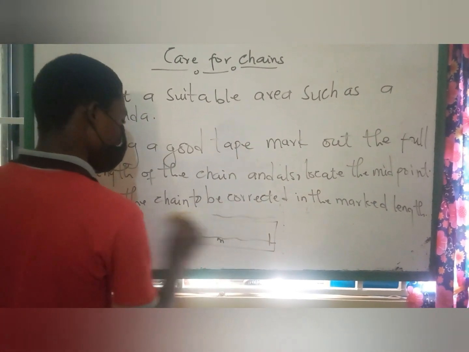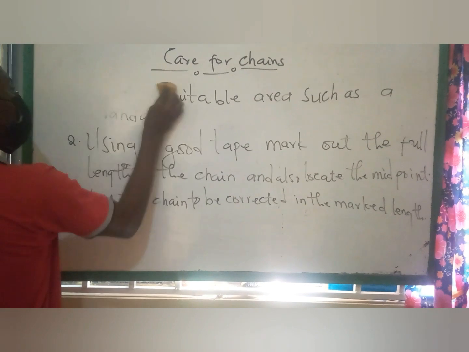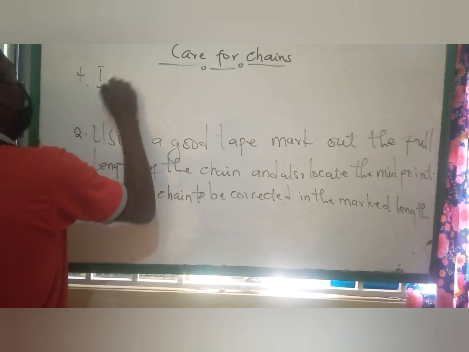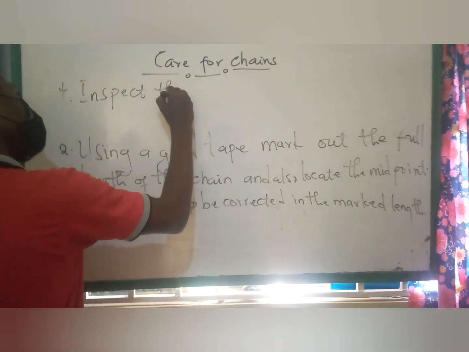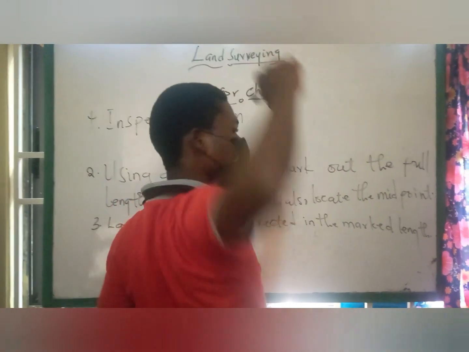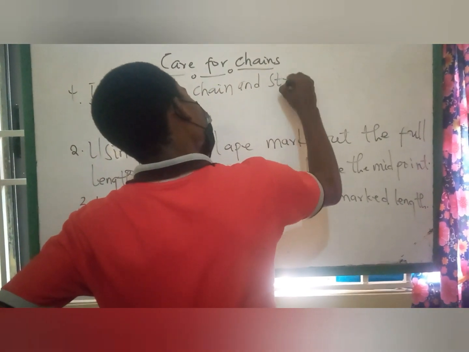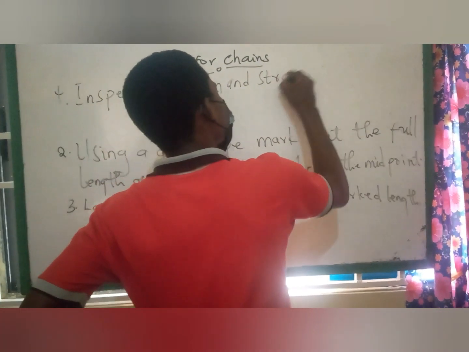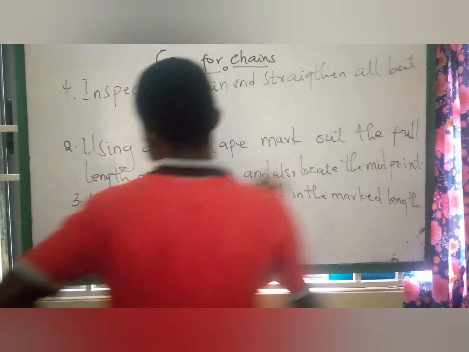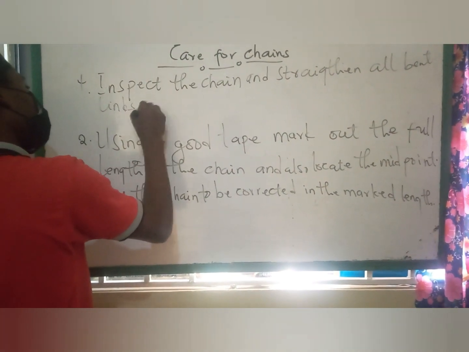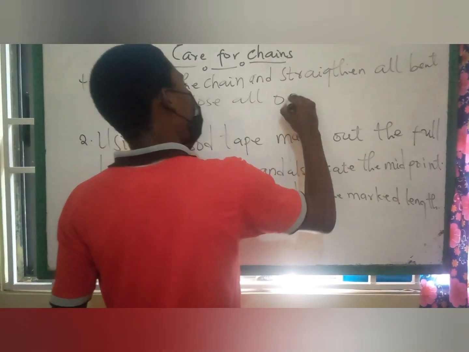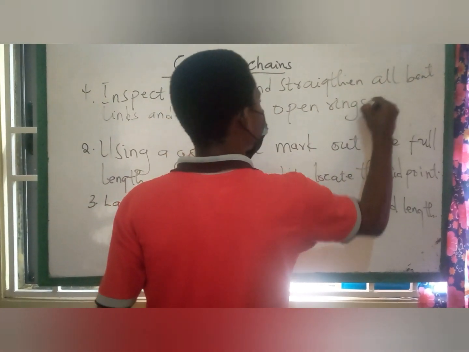So the next thing is inspect. So 4. Inspect the chain and straighten all bent lengths and close all open rings.